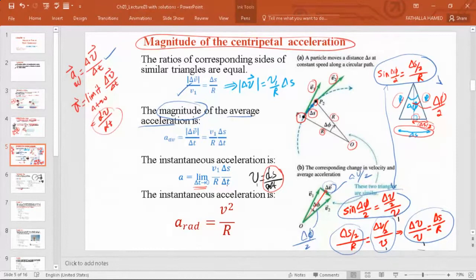Delta S over delta T will become dS by dt, and dS by dt along this circle will equal V, or V1, which is the speed.